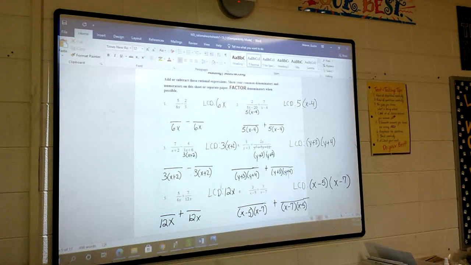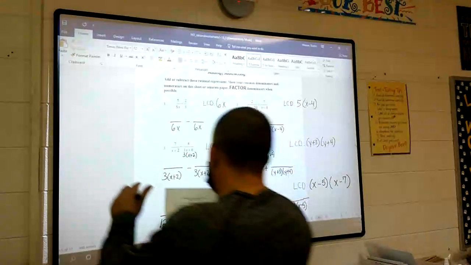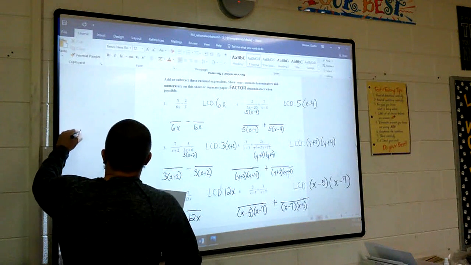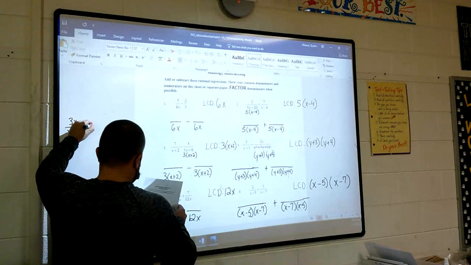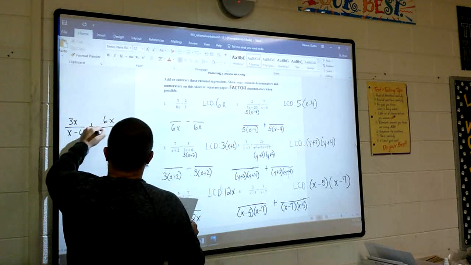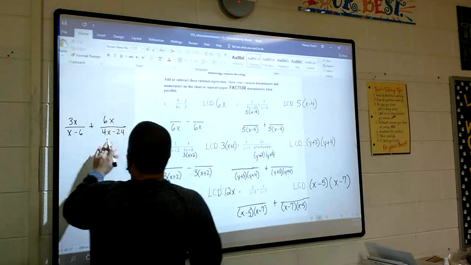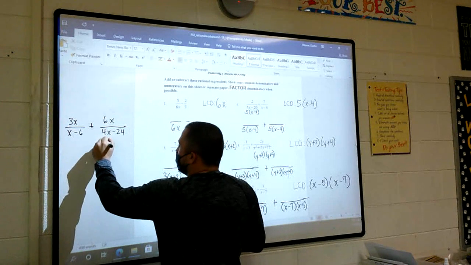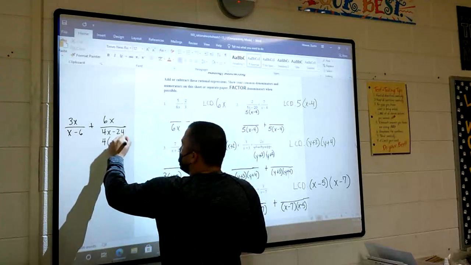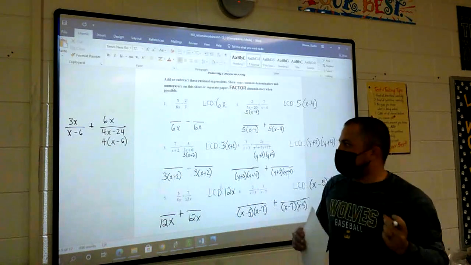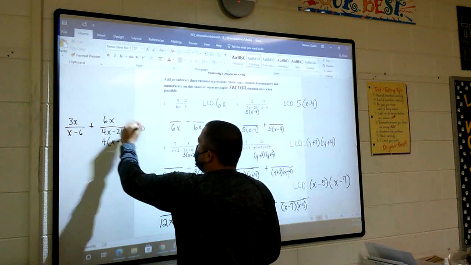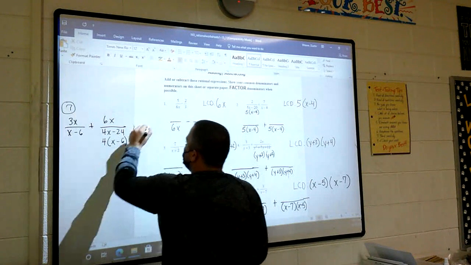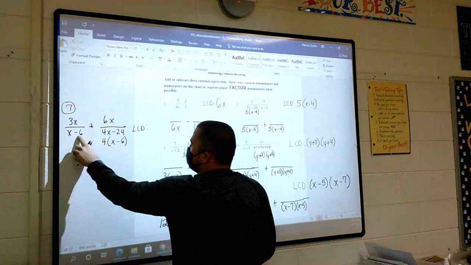Number 7, I ran out of room on here, but in number 7, you have x minus 6 on the bottom of one fraction. So it's 3x over x minus 6 plus 6x over 4x minus 24. 4x minus 24 is 4 times x minus 6 if you take out the greatest common factor. So the least common denominator for number 7 is 4 times x minus 6.